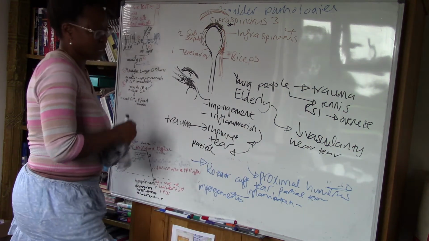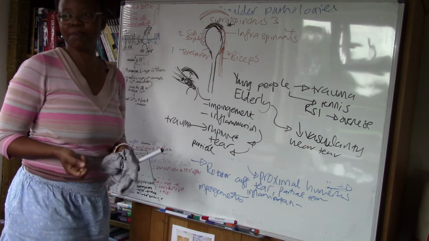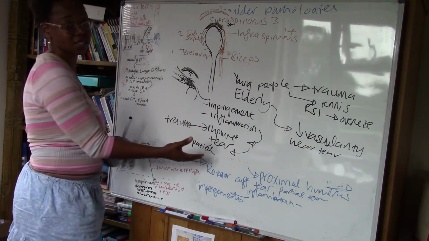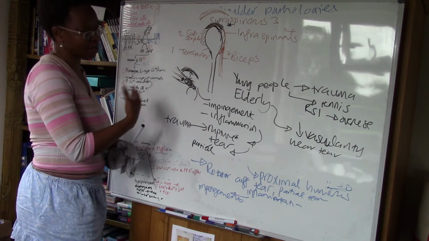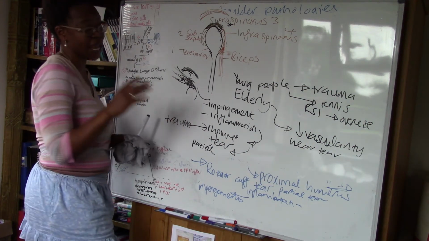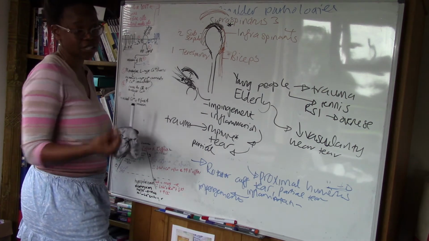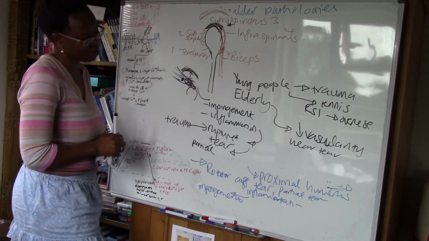And the management, if it's just a partial tear, can be resting, immobilizing and resting, and having analgesia to manage the pain, and anti-inflammatories including steroid injections to reduce that inflammation.